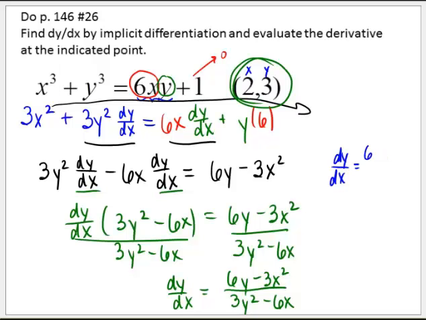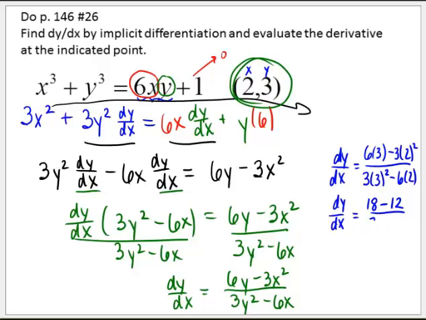So I have 6 times 3 minus 3 times 2 squared all over 3 times 3 squared minus 6 times 2. dy over dx comes out to be 18 minus 2 squared, which is 4, times 3 is 12.